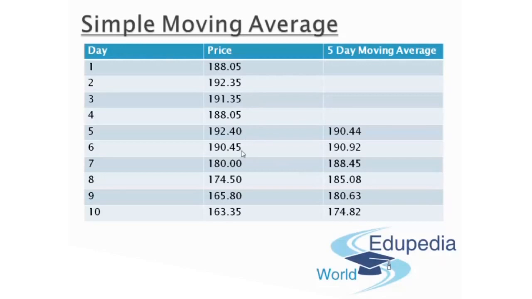I'll add all these 5 and divide by 5, whereby I get the 5-day moving average. And this is how it goes on. By applying the similar formula, I can get the simple moving average of the 10th day as 174.82. And that's how it works, guys.